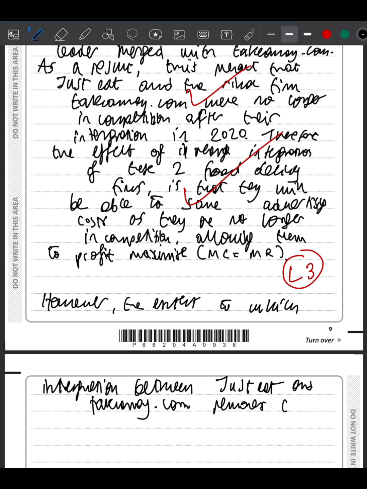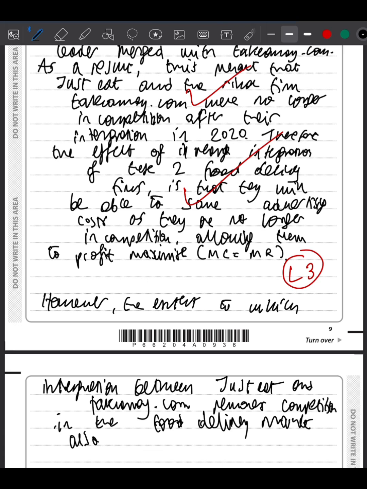So, as we mentioned earlier, the extent to which integration between Just Eat and Takeaway.com removes competition in the food delivery market also depends on how much of the market share these two firms together occupy.